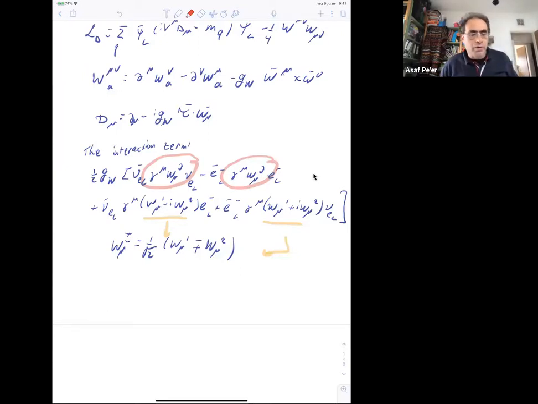Rather, we have to be a little bit more sophisticated than that. And the idea came from Sheldon Glashow back in 1961, who says, look, we have two neutral gauge bosons. One of them is the photon, and one of them is the Z boson, right? And we have the W_μ^3, which came out naturally from the symmetry of the SU(2).